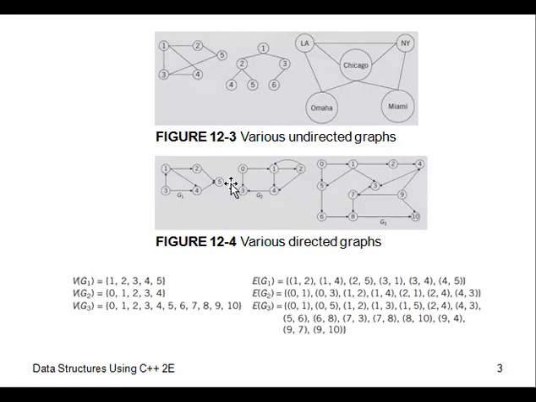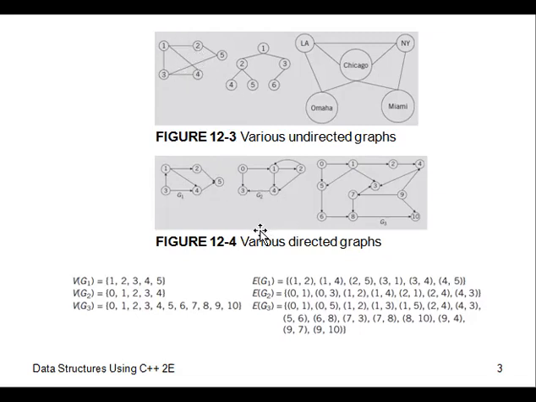Here in figure 12.4, in this first graph, the first vertex can be visited only from the second vertex and fourth vertex. So directed means it must be an ordered pair. That is called a directed graph. This is our undirected graph.